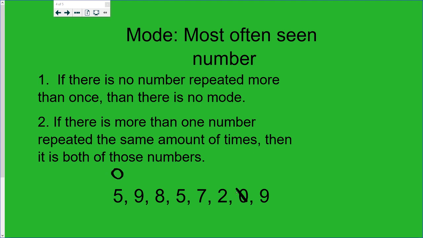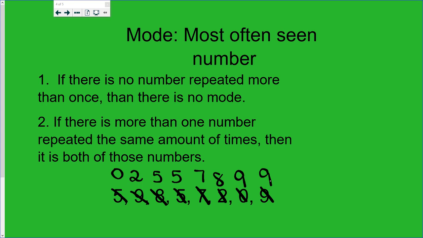So I have 0, 2, 5, 5, 7, 8, 9, and 9. Now they're in order from least to greatest.